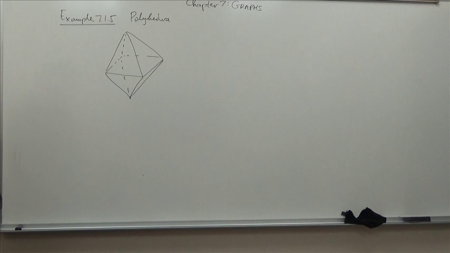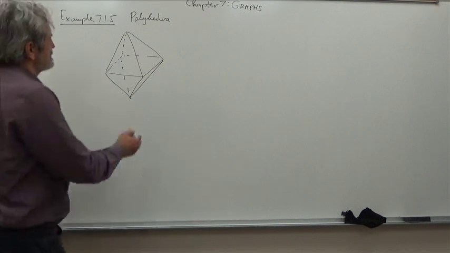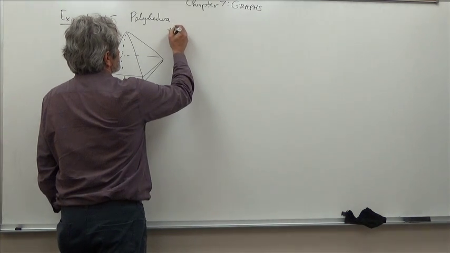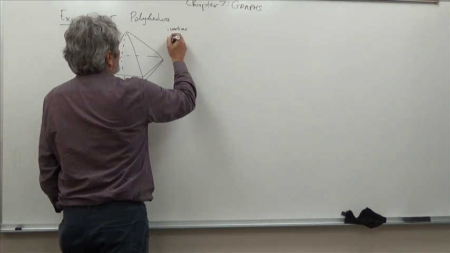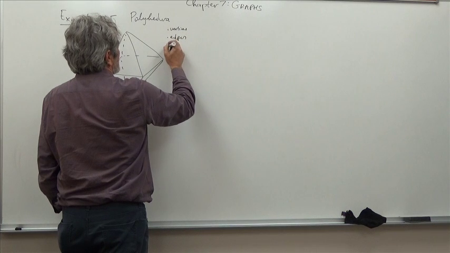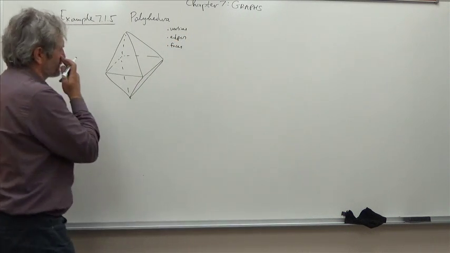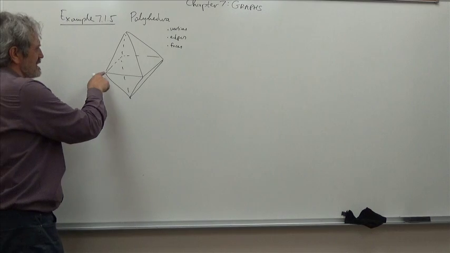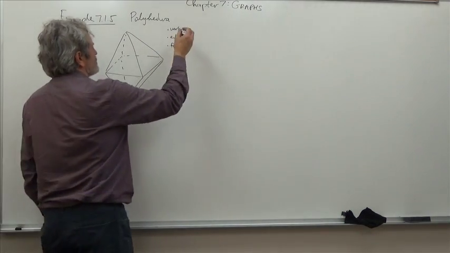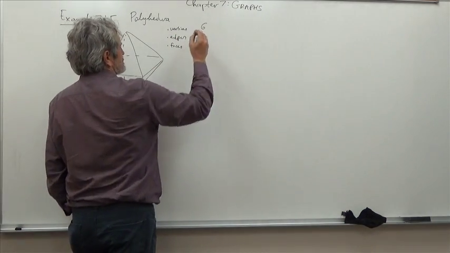So what can we say about this polyhedron? We are interested here in the number of vertices, the number of edges, and the number of faces. So for example, this one has how many vertices? 1, 2, 3, 4, and top and down, that's 6.